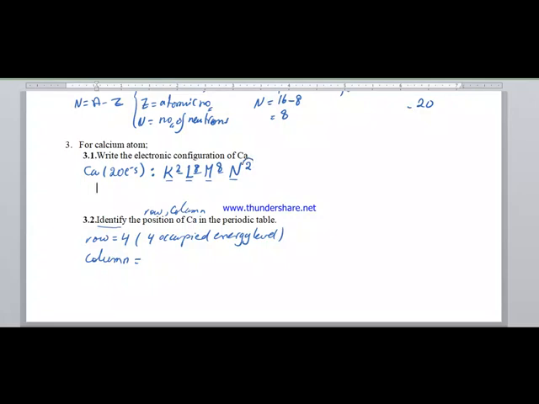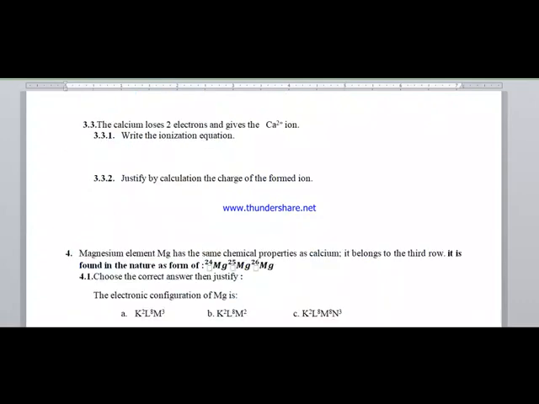Since calcium has 2 valence electrons in the outer energy level, it is in column 2. This is the position of calcium in the periodic table, row 4, column 2.